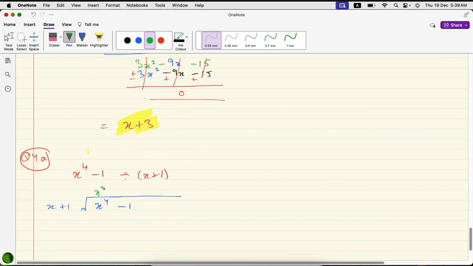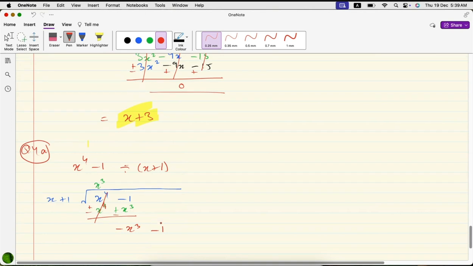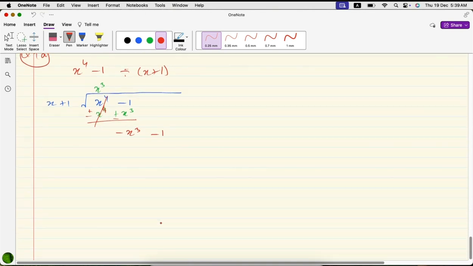So x cubed gives x to the 4 plus x cubed. Sign changes. So we're left with minus x cubed minus 1. Now looking at negative x cubed, I multiplied with negative x squared to get negative x cubed and negative x squared. Same thing continues, sign changes, and this is x squared minus 1.